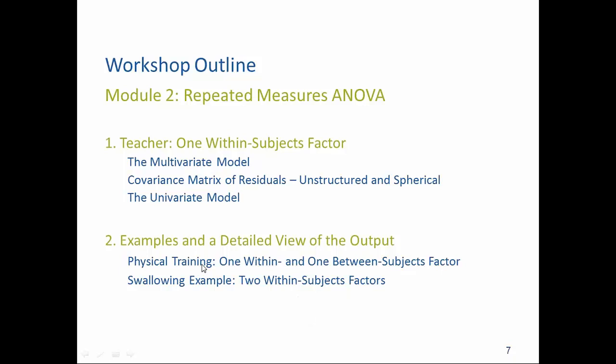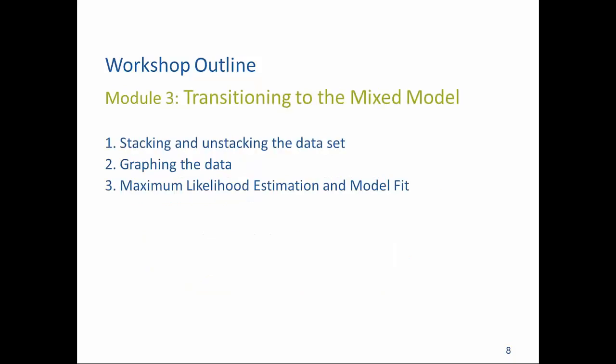Our physical training data set has one within and one between subjects factor, and our swallowing data set is all completely repeated. So each person has 55 responses. So that one gets kind of fun. But we'll see how these same concepts work and don't work in these different data sets. So yes, the very first thing we cover is repeated measures ANOVA. That's what we're comparing everything else to once you really understand that one.